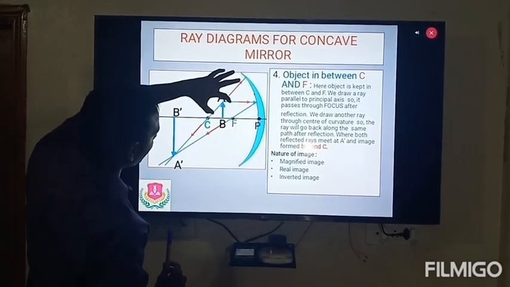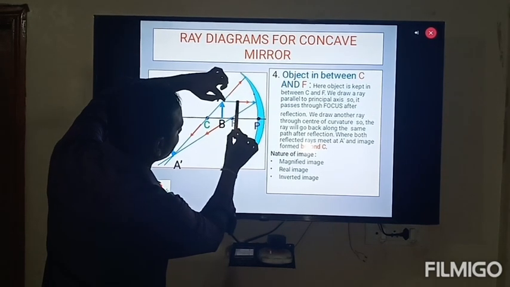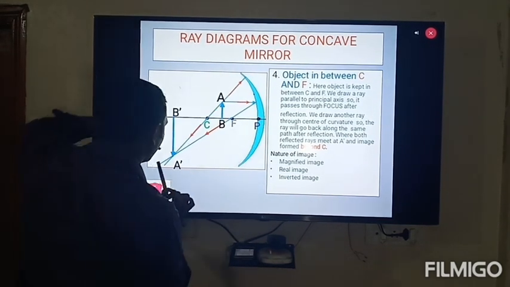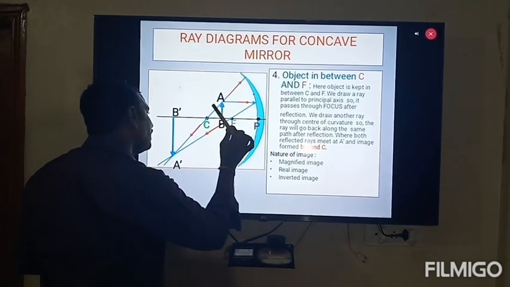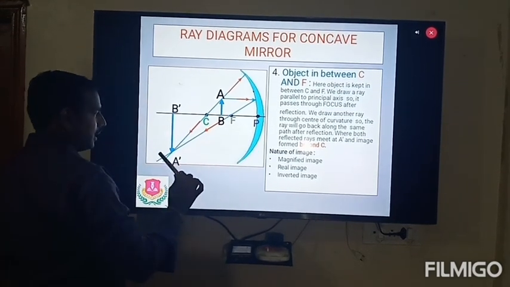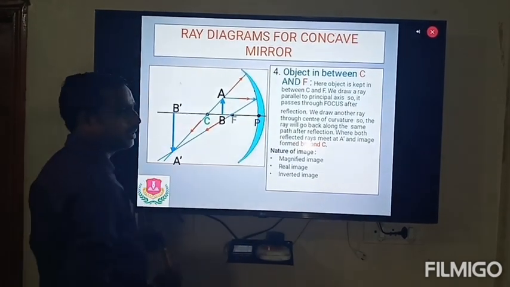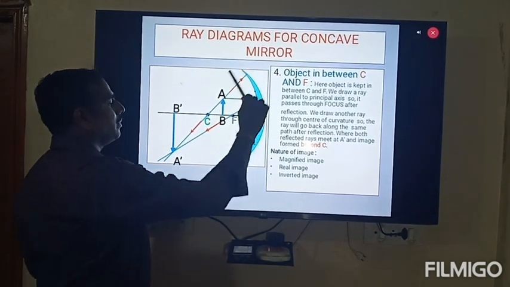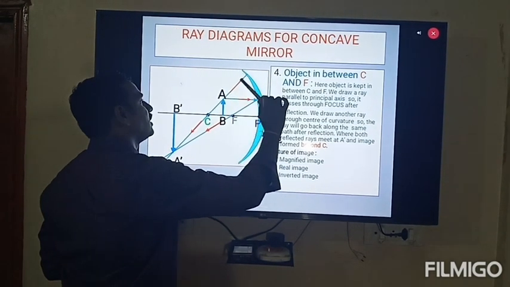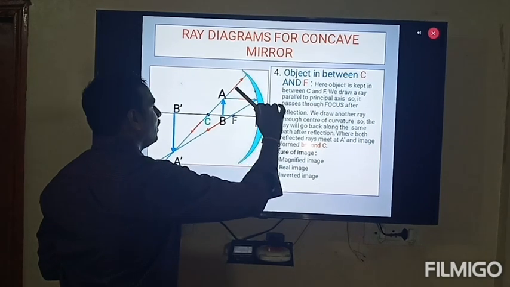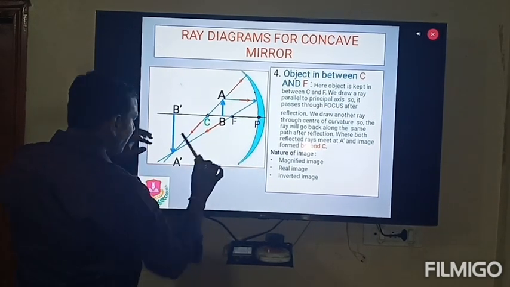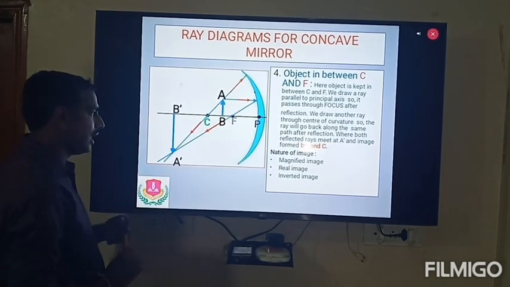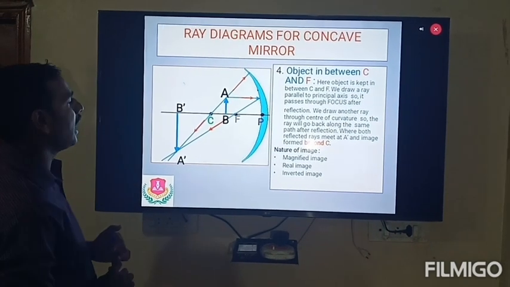See, the first ray is parallel, after reflection it compulsorily passes through the focus. The ray which is coming through the center of curvature compulsorily moves back in the same direction. So this is coming in this direction. After reflection it is coming back, and these two are intersecting at A dash and forming an image A dash B dash.